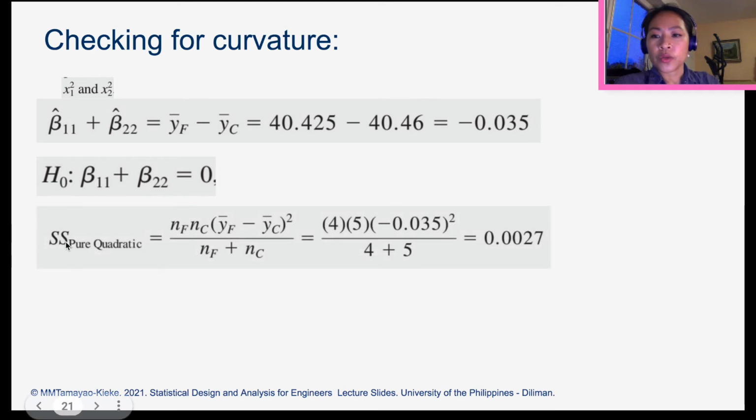So, the sum of square of a pure quadratic is equal to NF times NC times the quantity YF bar minus YC bar squared, all over NF plus NC. So NF is just the number of observations for the factorial part, and NC is the number of observations for the center points.